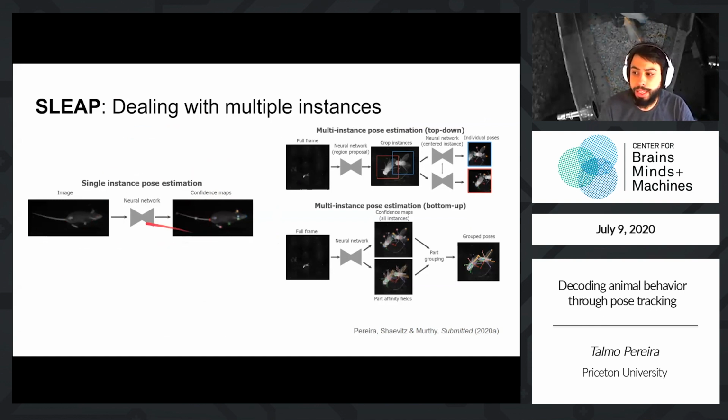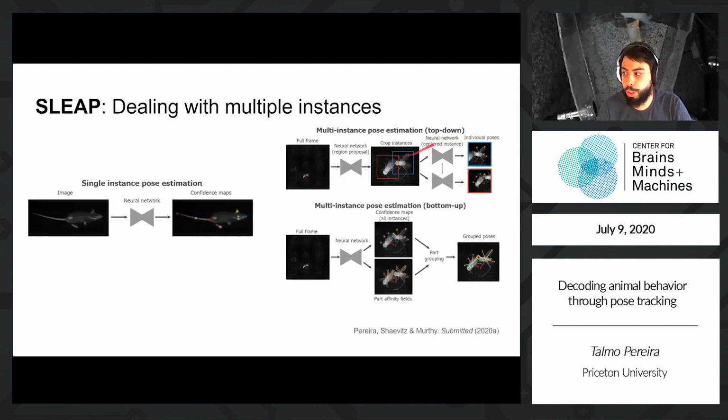Summarizing this and putting it in the context of how we do single instance pose estimation: in a single instance case, we have an image that goes through a neural network to generate our confidence maps that have a single peak, in which we can do global peak detection for each of these different colors, which belong to different image channels. Then in the top-down approach, as we mentioned, we start with a full frame.